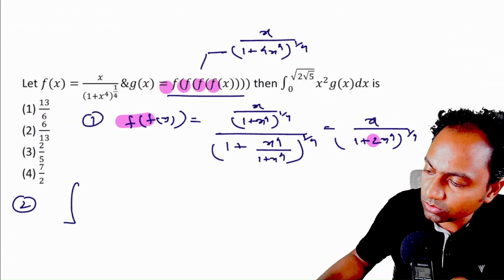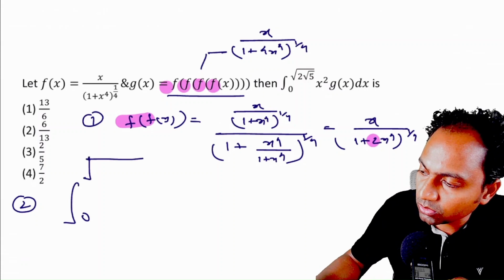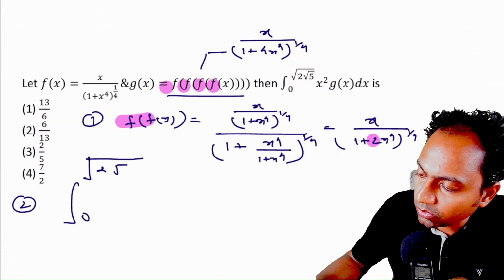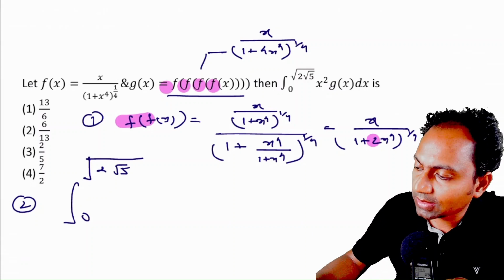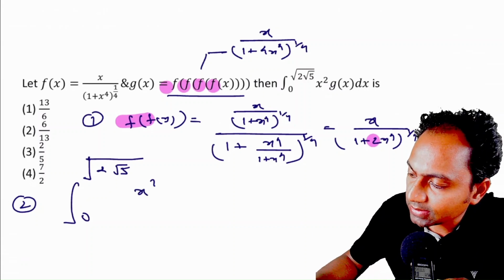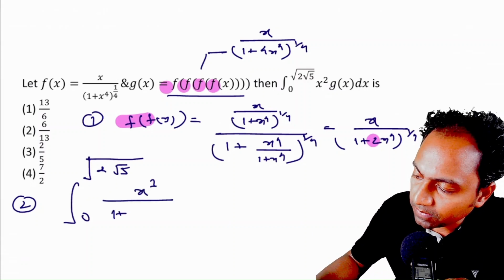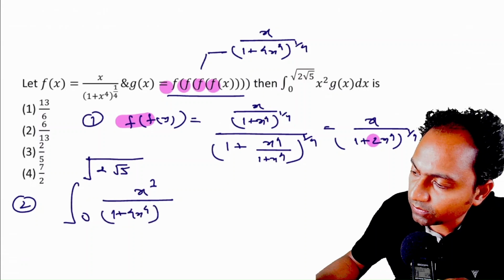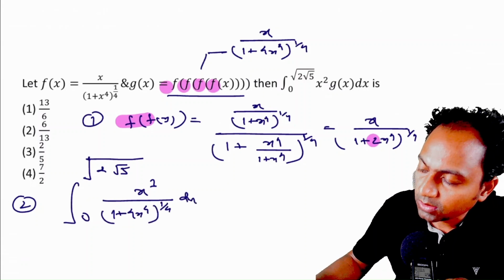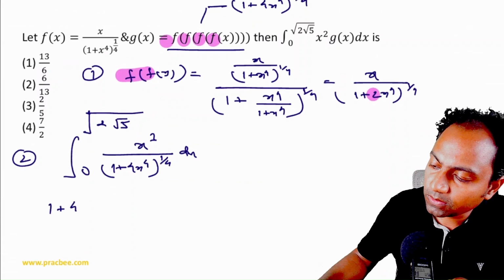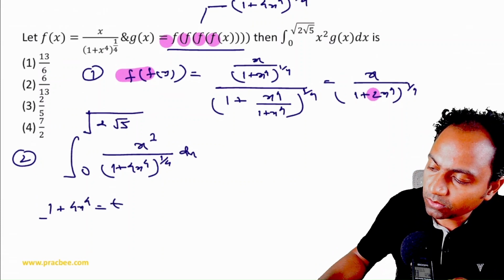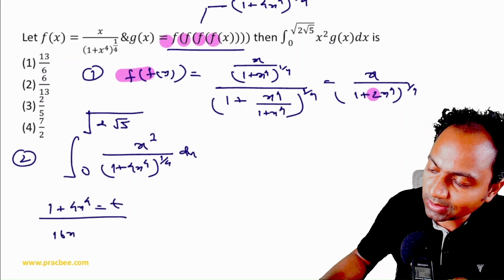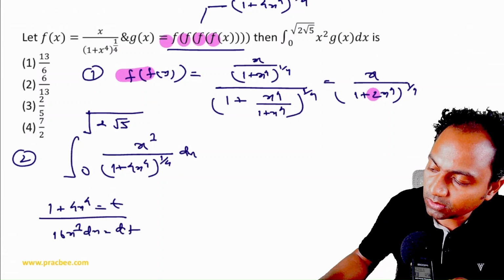Now what we need to do is integration from 0 to 2 root 5 of this function. That is nothing but x cube by (1 plus 4x to the power 4) raised to the power 1 by 4 dx. So we can see that if I take this denominator and put it equal to t, this comes out to be 16x cube dx equal to dt.